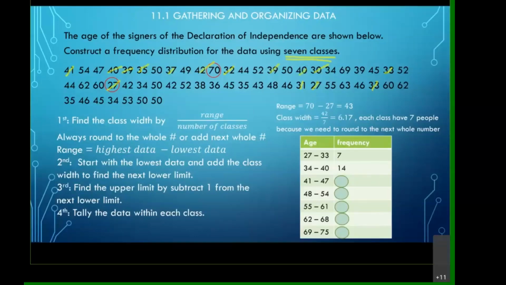Whatever number is between these two numbers, you tally them up. Looking at this, I tally them all up. All you do is tally this thing, and this is all we have.